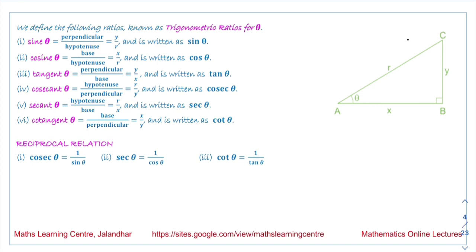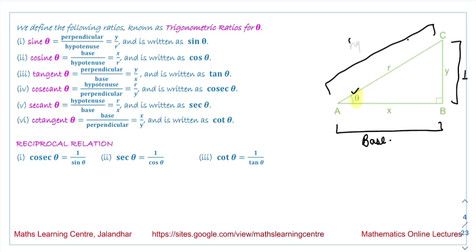We are talking about the trigonometric ratios corresponding to this angle theta. If this angle is theta, it means this AB is the base, this BC is the perpendicular, and this AC is the hypotenuse. The first term that is defined is sine theta.